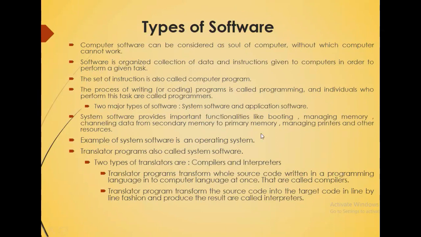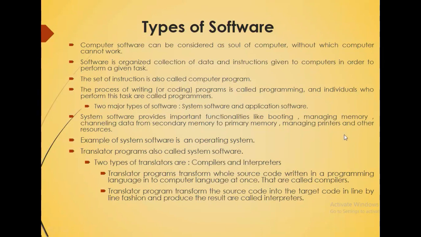Now, system software functionalities begin with booting. What is booting? When you turn on power to start your computer or laptop, and until you get the desktop screen, whatever processes are done in the background are called booting. After booting, your computer is ready and you can start working.